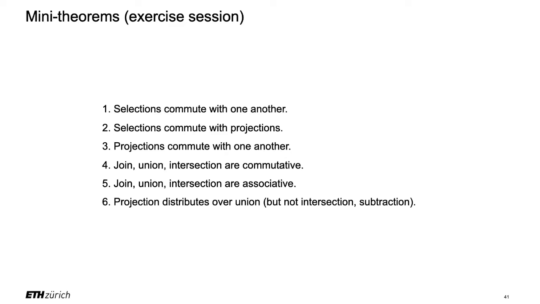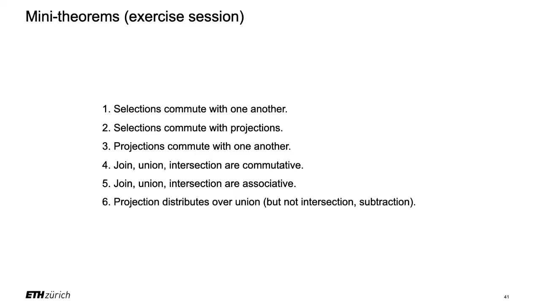Projection distributes over union. What does it mean to distribute? I can do it with multiplication and addition. The distribution basically means that 5 times 3 plus 2 is the same as 5 times 3 plus 5 times 2. You distribute the 5 times over every term in the addition, right? So this is what distribution means.